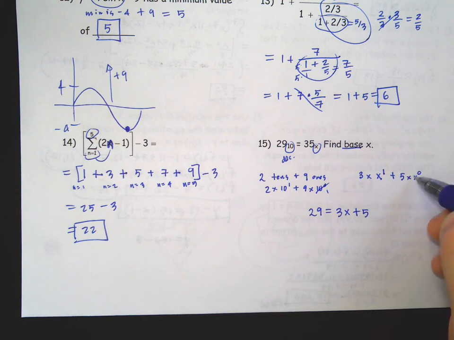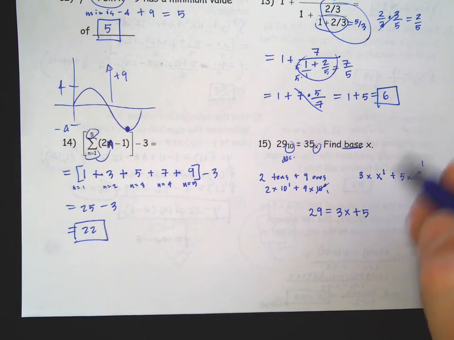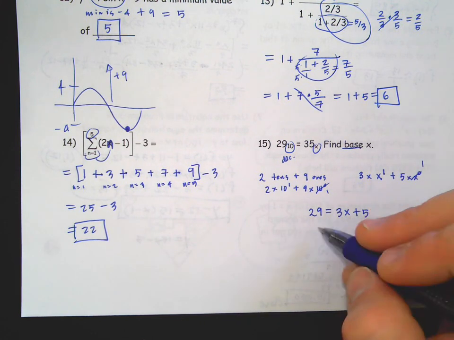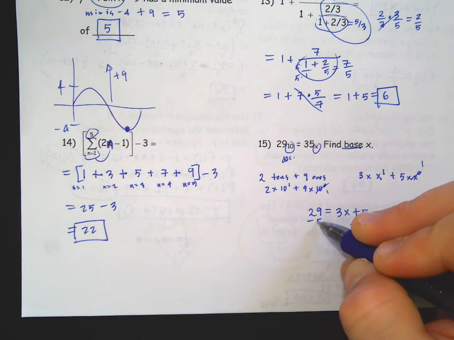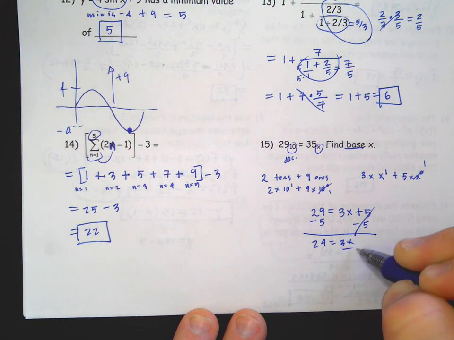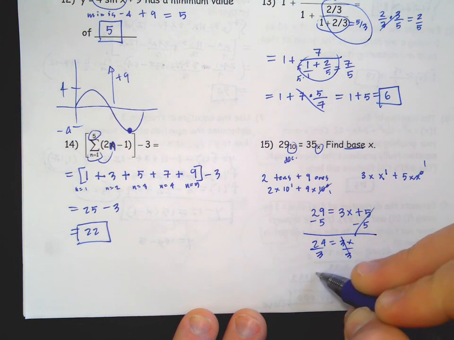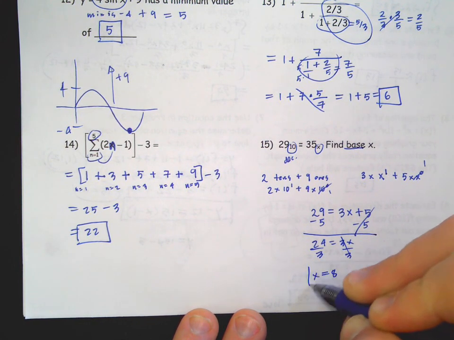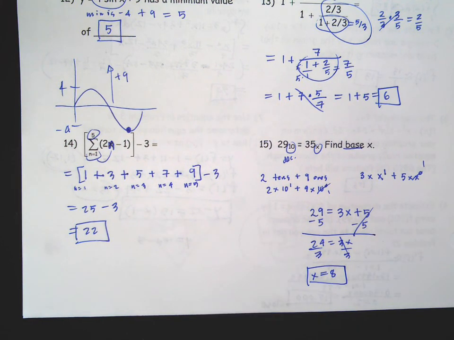And now you can figure out what x is supposed to be. So you subtract 5. Divide by 3. And x is 8. That's a base 8 number system, octal, which we actually use in some math and computer science.